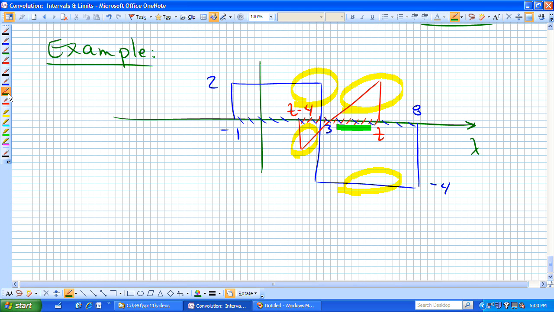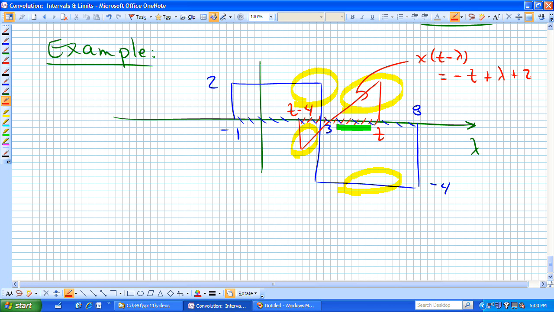And if you had to actually compute, let's just say functionally that we've determined that this x of t minus lambda was, let's say, minus t plus lambda plus 2.